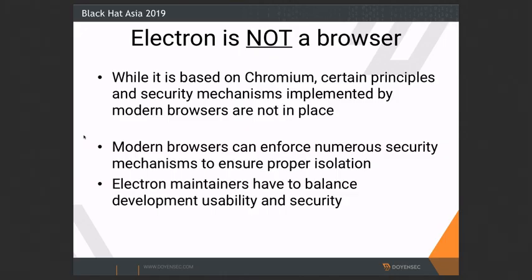And so Electron maintainers had to balance, and still have to balance, the usability for developers and the security. And so certain mechanisms that are available on the browser today, by choice or by the current design, are just not there in Electron.